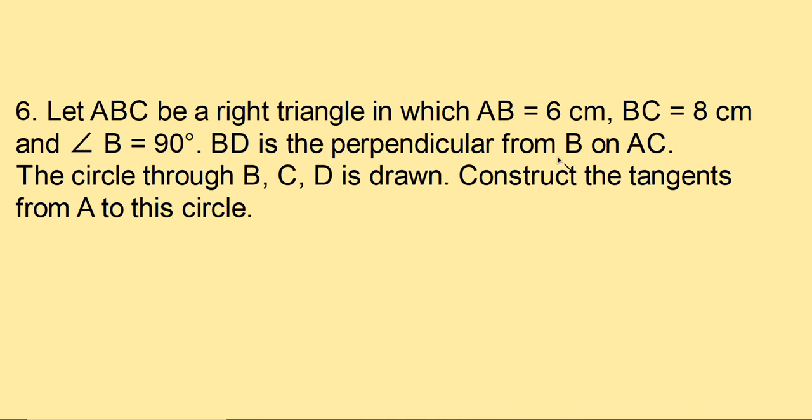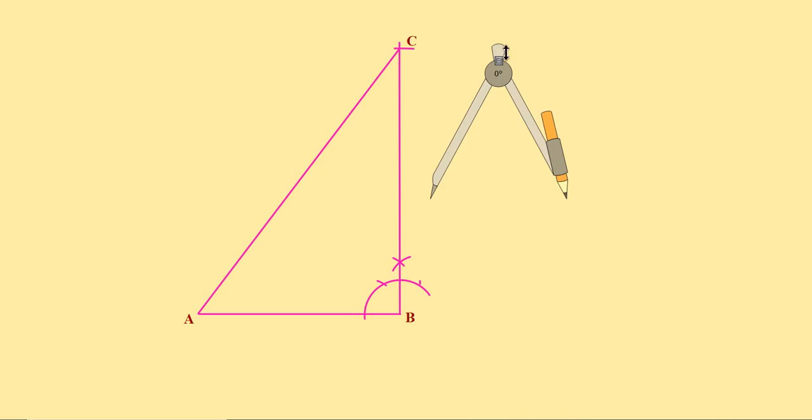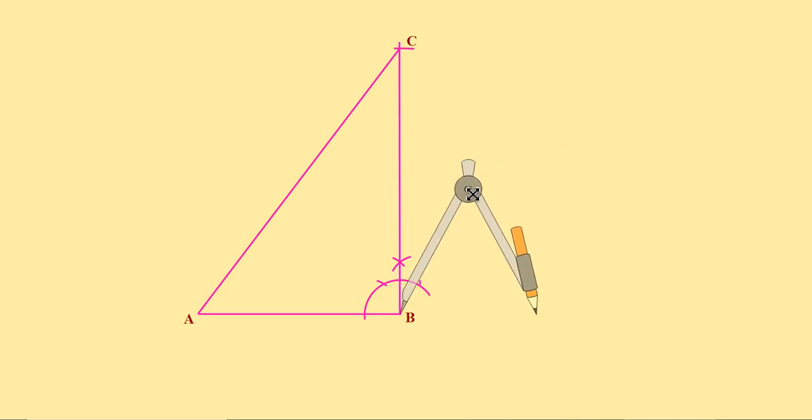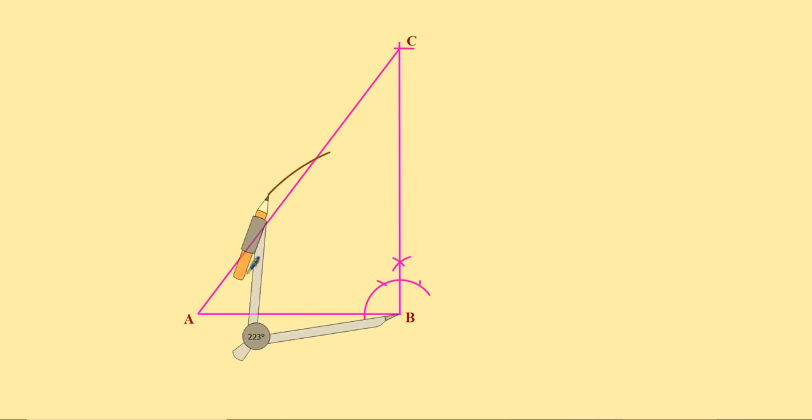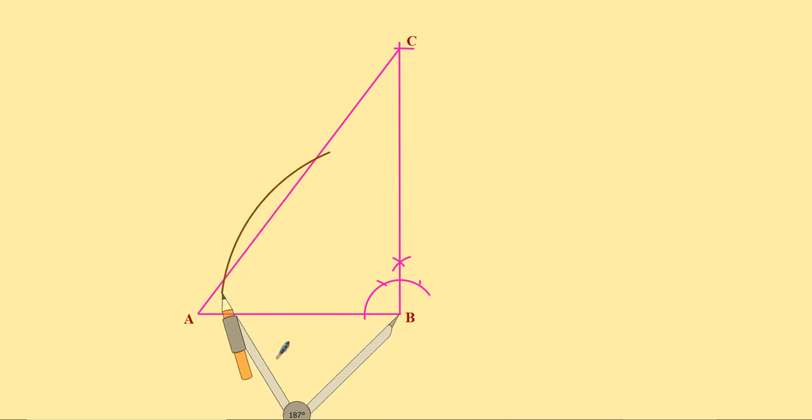Here from B on AC you have to draw the perpendicular. So with center B, draw an arc to intersect AC in 2 points.